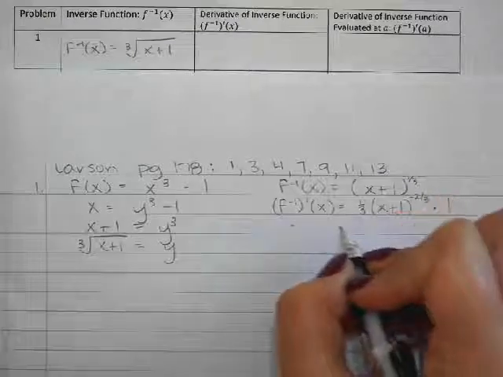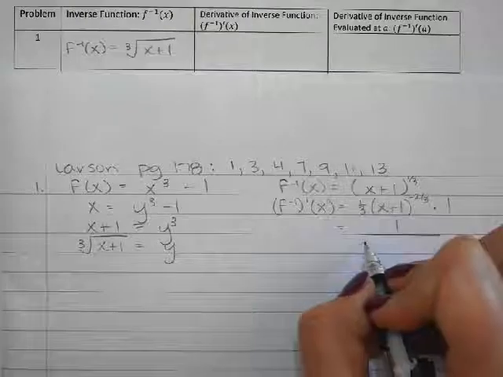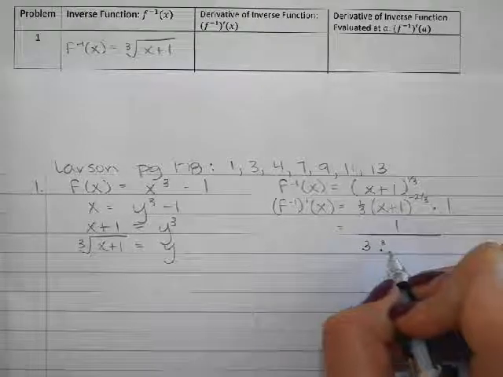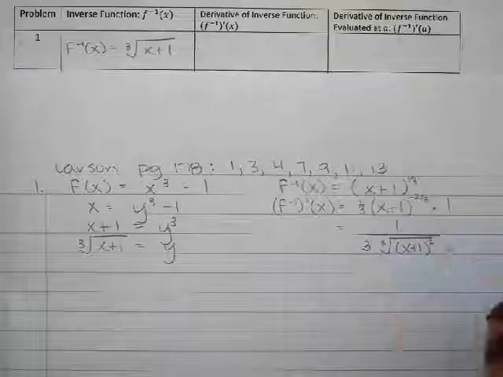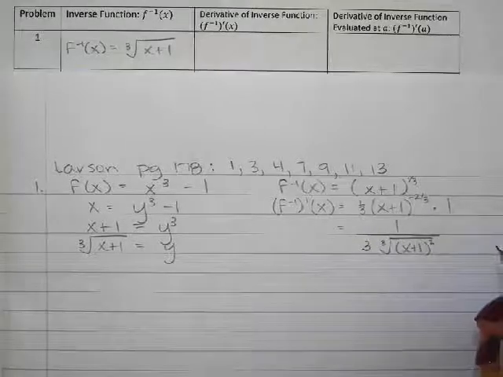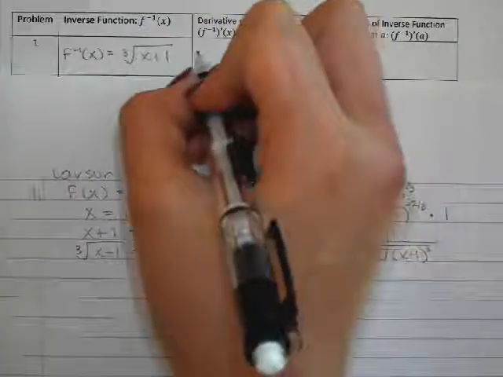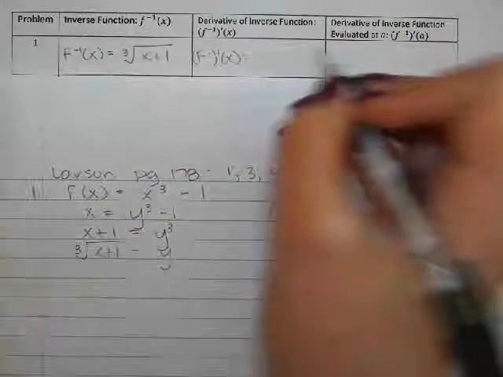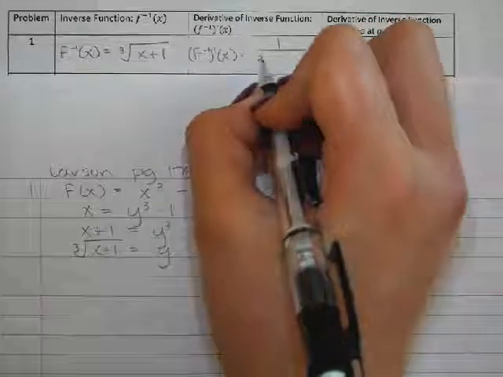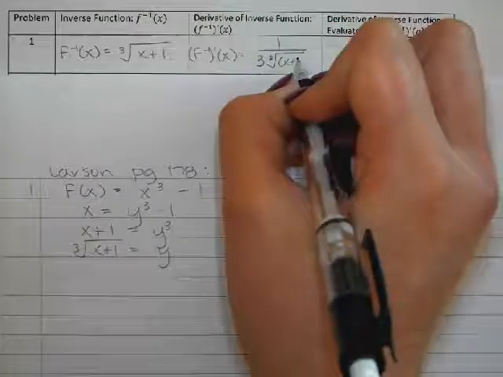And then clean it up a little bit. So I've got 1/3 times the cube root of x plus 1 squared. Okay, so f inverse prime of x is 1/3 cube root x plus 1 squared.